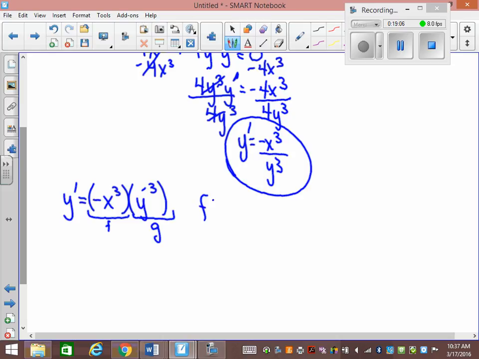F prime is negative 3x squared. Technically dx over dx, so that's why we don't write it. G prime is negative 3y to the negative 4 y prime.